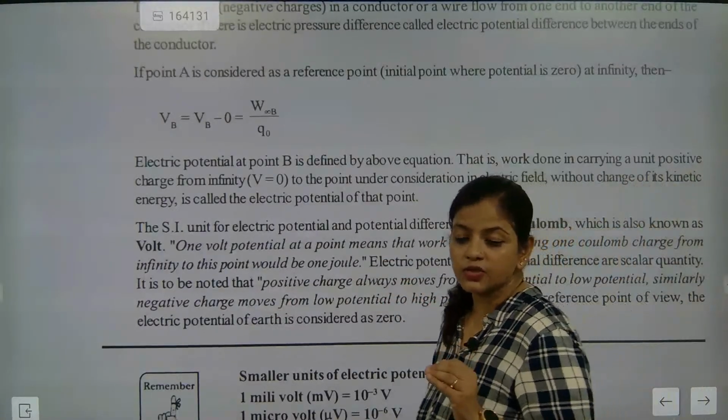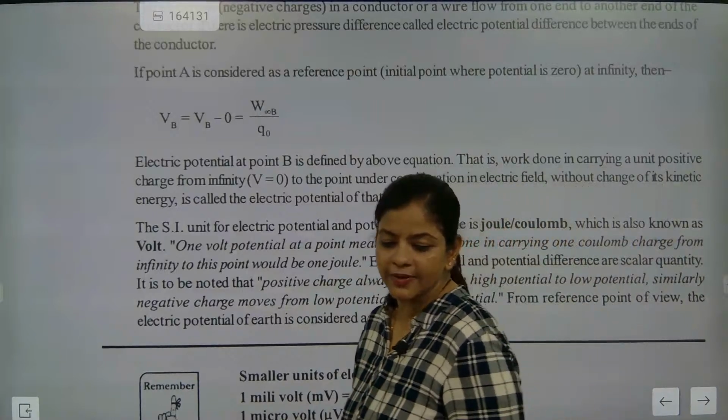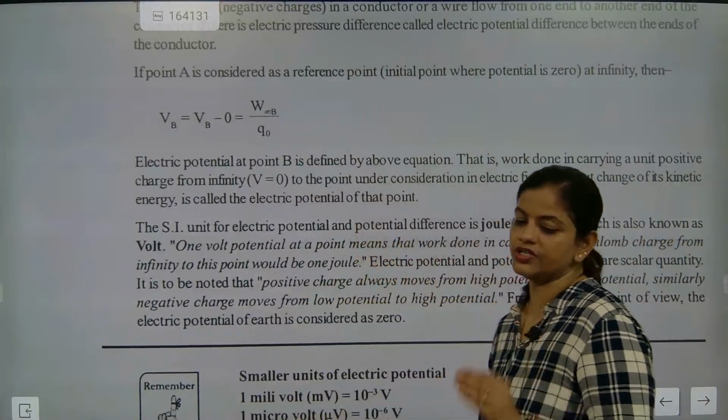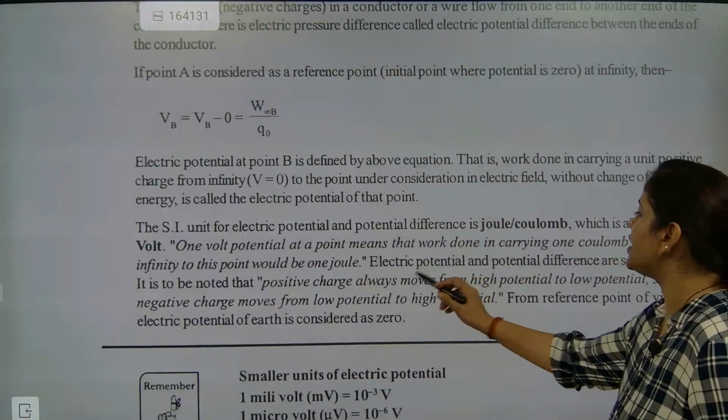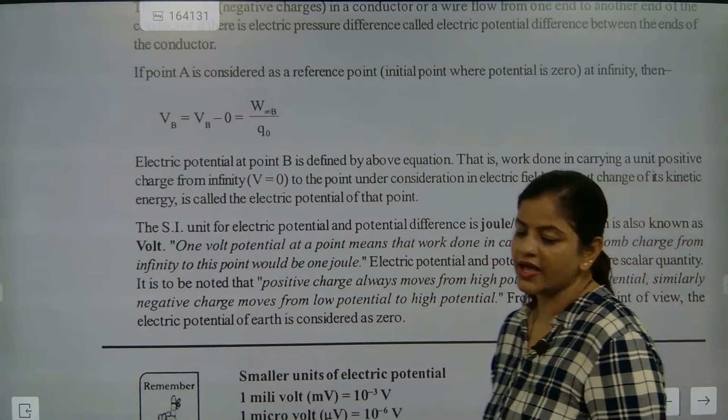Understood? So 1 volt potential is described like this. So electric potential and potential difference are scalar quantities. That is what I asked you.